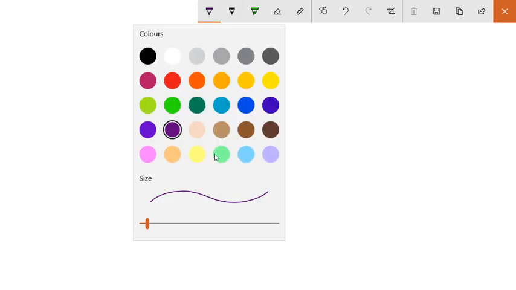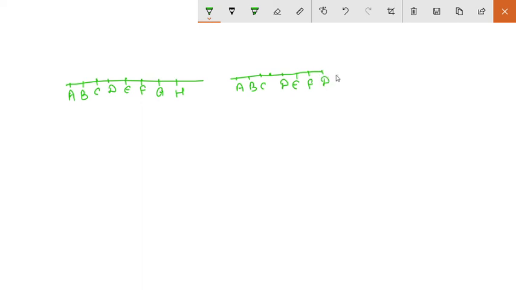Okay, so when A, B, C, D, E, F is normal, and when it is A, B, C, D, E, F, again D, E, F, and then G, H, it is tandem duplication.